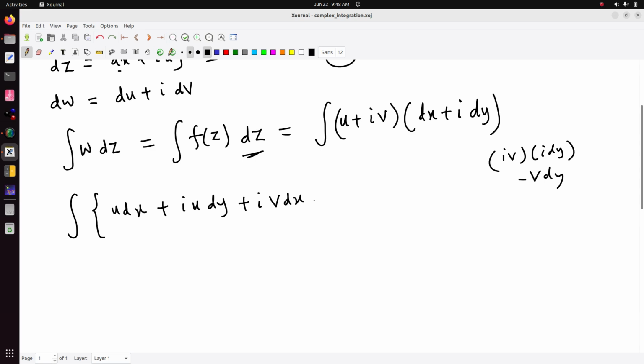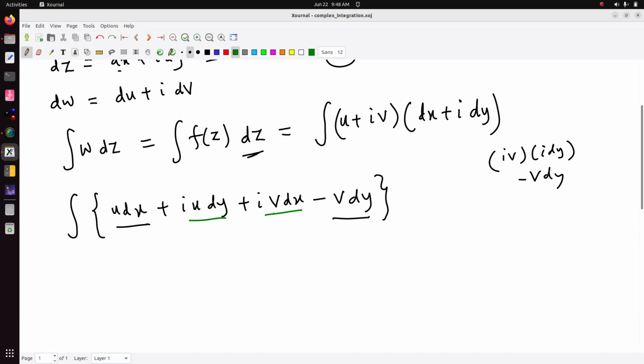So we have this as minus v dy. So it means we have some parts that are real, like this, and we have some parts that are complex, like this and this. So we can take them together. Okay, so we take the real part, u dx minus v dy, and the imaginary part, u dy plus v dx.